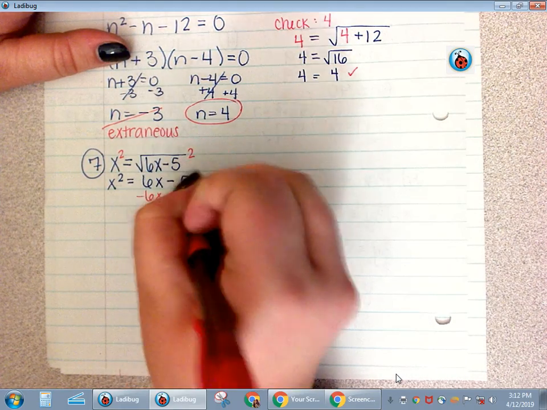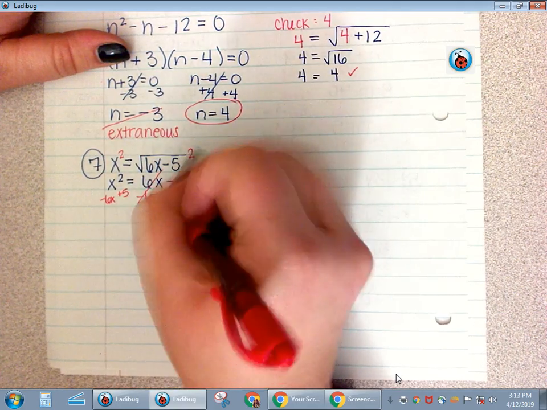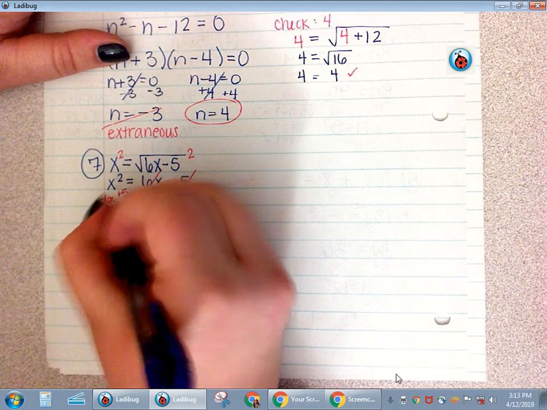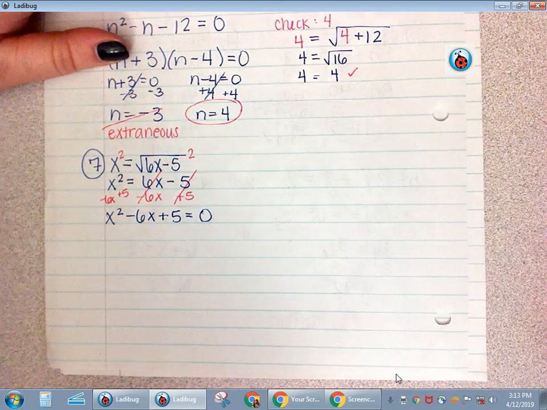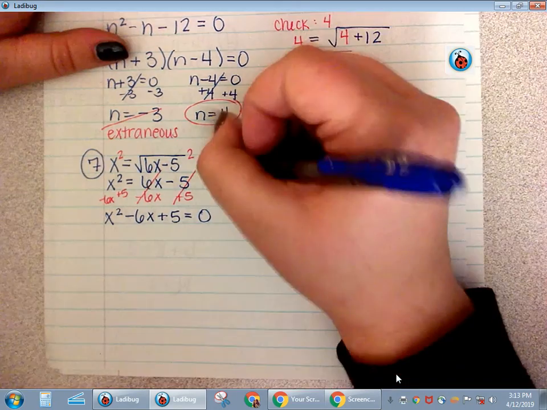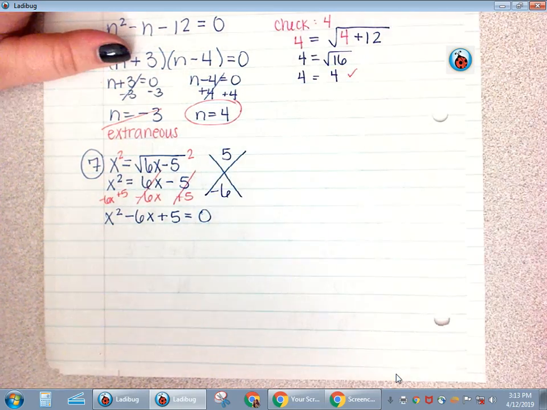Let's get everything to the same side. So I've got x squared minus 6x plus 5, and I emptied out the right side. So I can factor. Factors of 5 that add to negative 6.